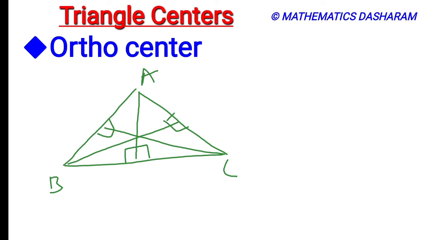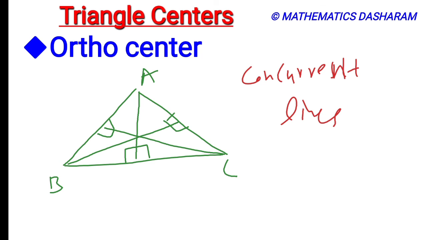All perpendiculars make 90 degrees with respect to the sides. Then these three perpendiculars pass through the same point. So these three lines are called concurrent lines, and the point of concurrency is called the orthocenter. It is denoted with a capital O.